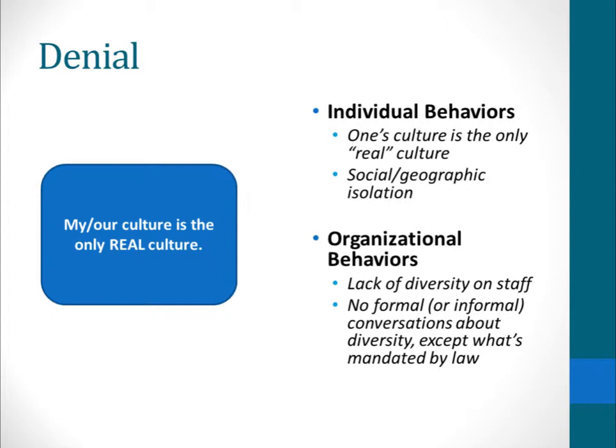So this really represents individuals who have not had much opportunity to experience significant cultural difference. And again, this social and geographic isolation can happen in rural, urban locations, within neighborhoods, etc. This is about having an experience of homogeneity.